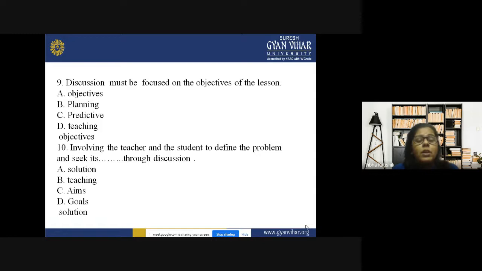Now the options are A, solution; B, teaching; C, aims; or D, goal. Now the correct answer will be option A, that is solution. Involving the teacher and the students in the discussion group, they will be able to define the problem and seek the solution through discussion.